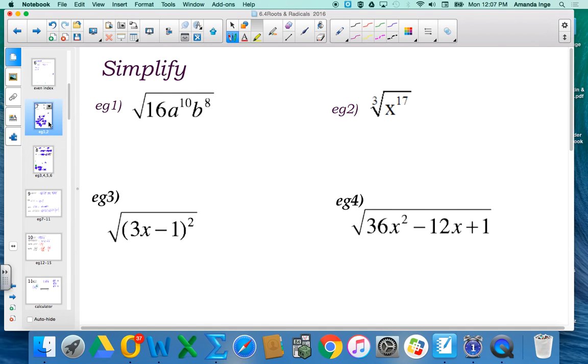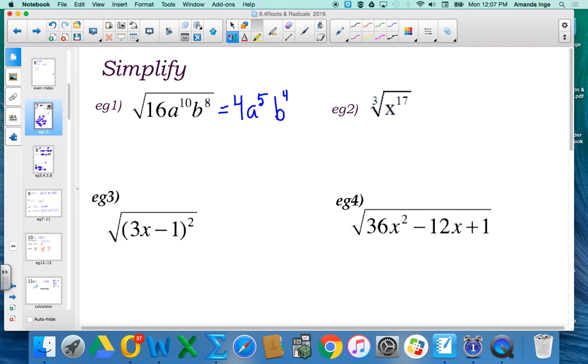Let's look at this example that I have up here. Once again, the easiest way, I think, sometimes to write this is to rewrite 16 in terms of 2 to some power, which y'all all know the square root of 16 is 4. 2 goes into 10 5 times, and 2 goes into 8 4 times.